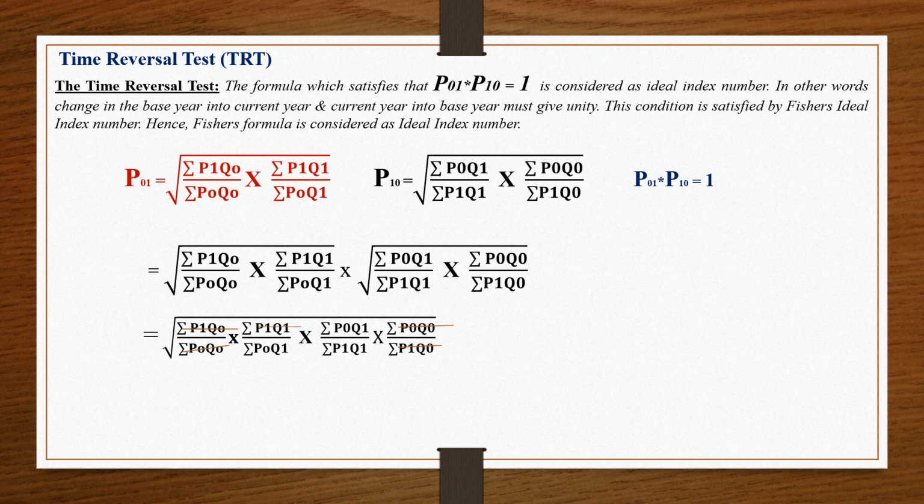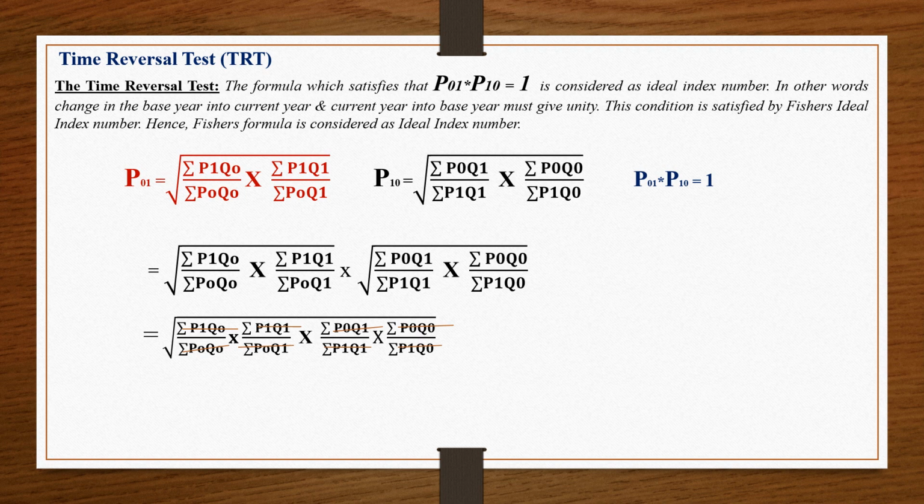In the same way, summation of P1 Q1 in the numerator cancels with the denominator, and summation of P0 Q1 in the numerator cancels as well. In this way, whenever numerator and denominator are the same, we cancel them.